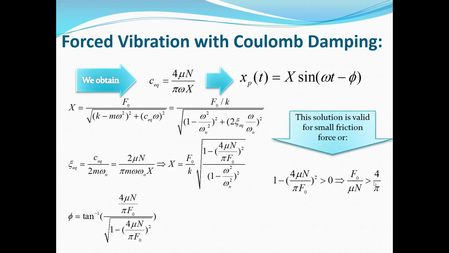So if you want to check the validity of your results, you can check this equation. If the ratio of F naught, the amplitude of the harmonic external force, to mu times N, which is the friction force, is more than 4 divided by pi, then we can conclude that this assumption is correct, and we can use this equation for the response of the system.